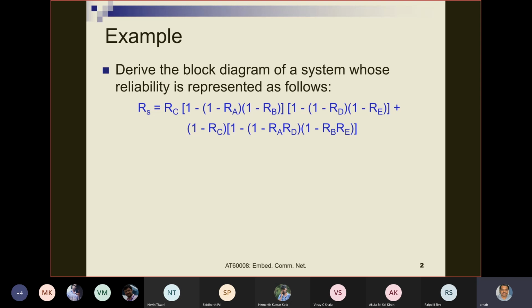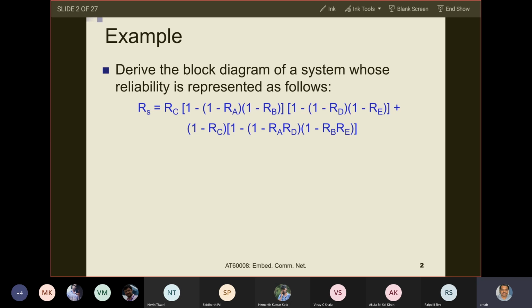Now, just based on this understanding, can you tell something about the structure of the system from this equation that is given to you? Let us say you just look at the first part that I have underlined.